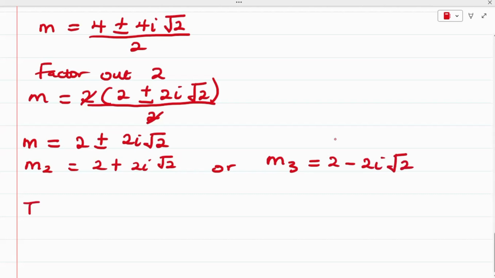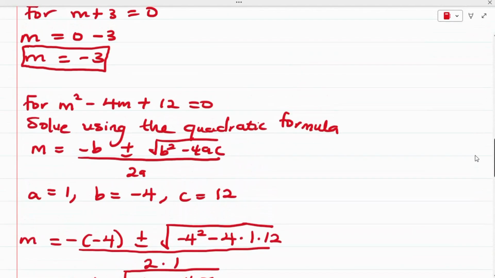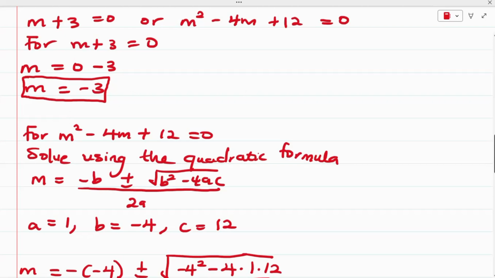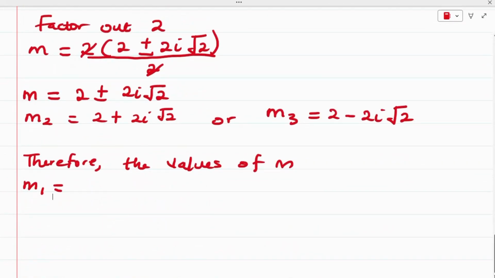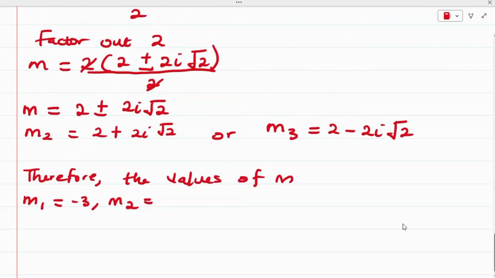Therefore, the values for m are given as: m1 is equal to negative 3, which we were able to solve earlier. m2 is equal to 2 plus 2i root 2, and m3 is equal to 2 minus 2i root 2.